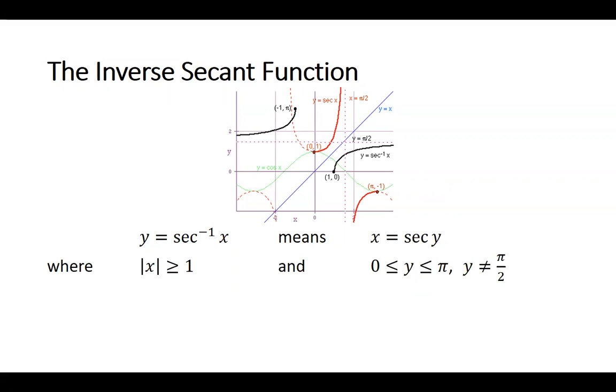That's just an easy way of saying x is either less than or equal to negative 1 or greater than or equal to positive 1. And y is from 0 to pi, but not equal to pi over 2 because that's an asymptote.